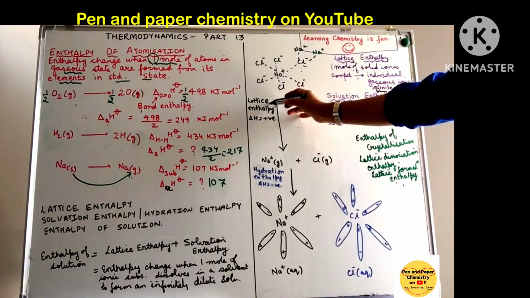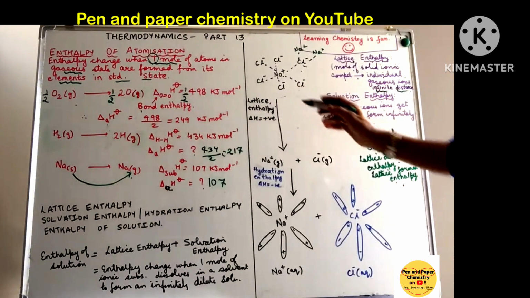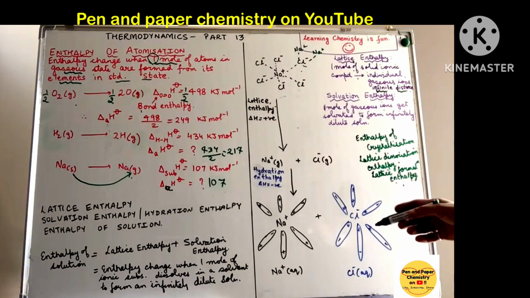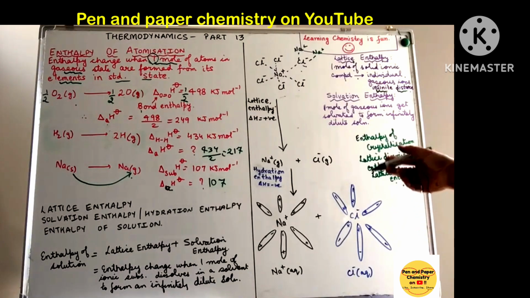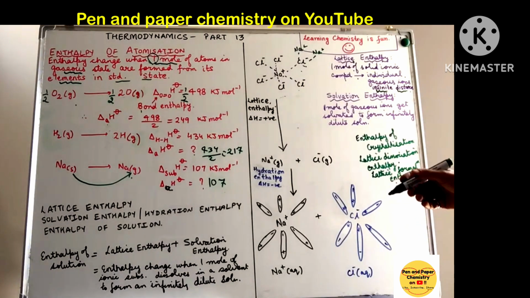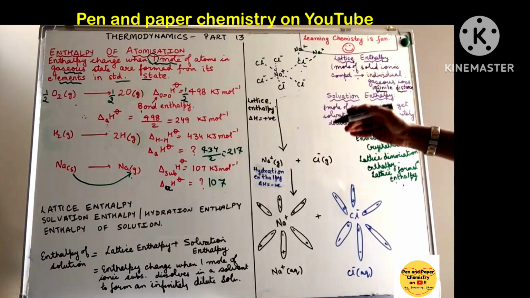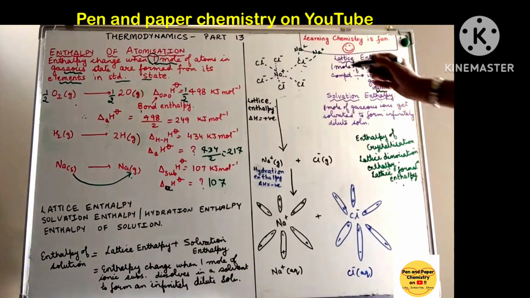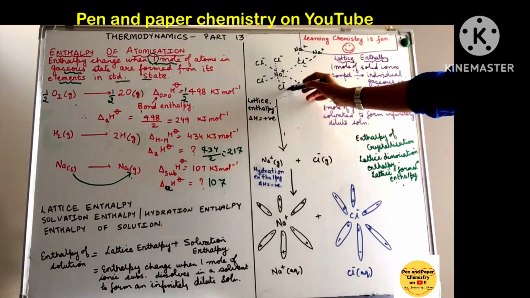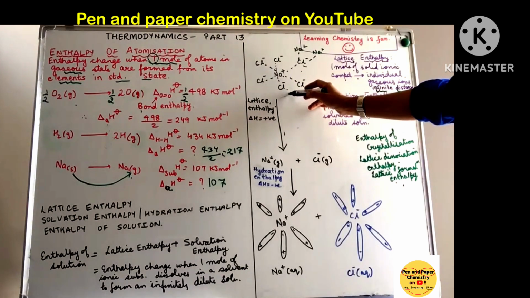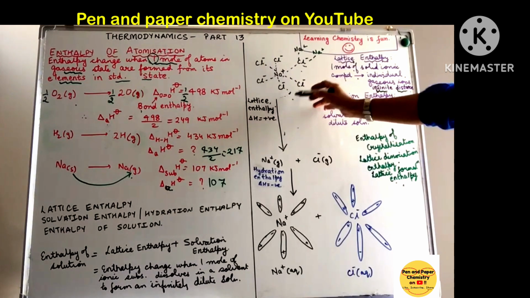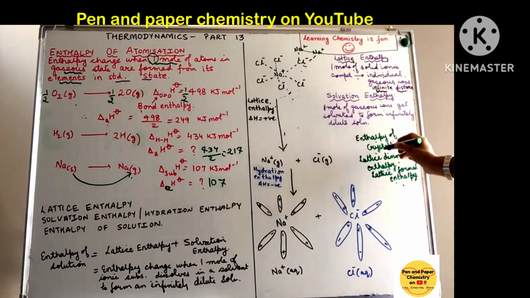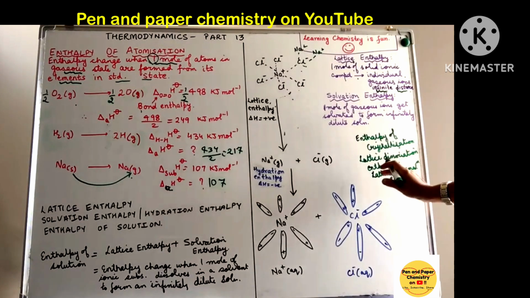The term that we have described over here is actually lattice dissociation enthalpy, but most of the texts, most of the literature talks only about lattice enthalpy. You just have to see the change which is being mentioned in the form of the equation over there. The reverse process is actually lattice formation enthalpy. In some places, you will also find the term enthalpy of crystallization as well over here. Please do not get confused.